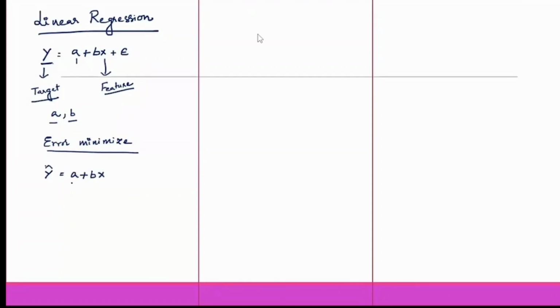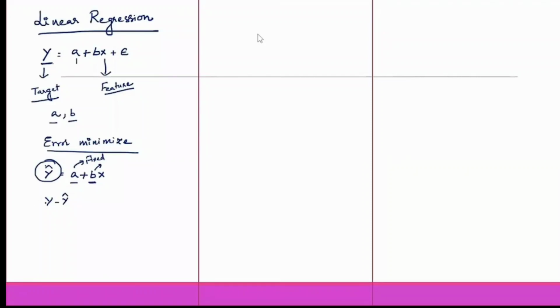I have some coefficients a and b, which are fixed values, and obviously I get some estimate called y hat. Now, these two can be very different. This is what we refer to as the error.